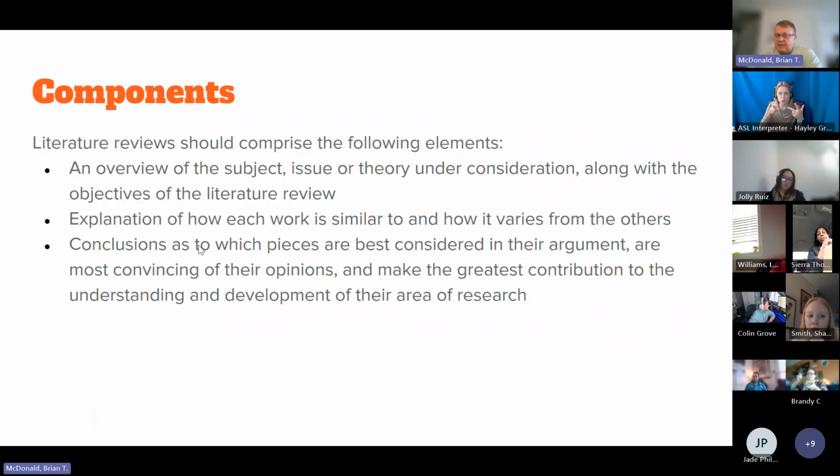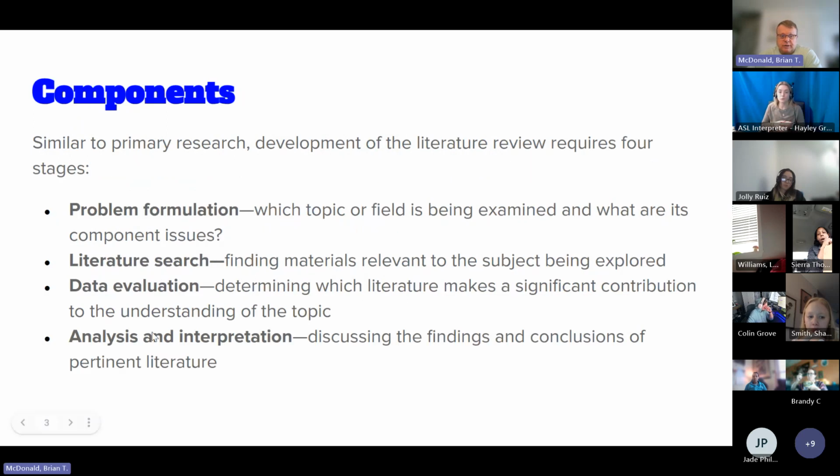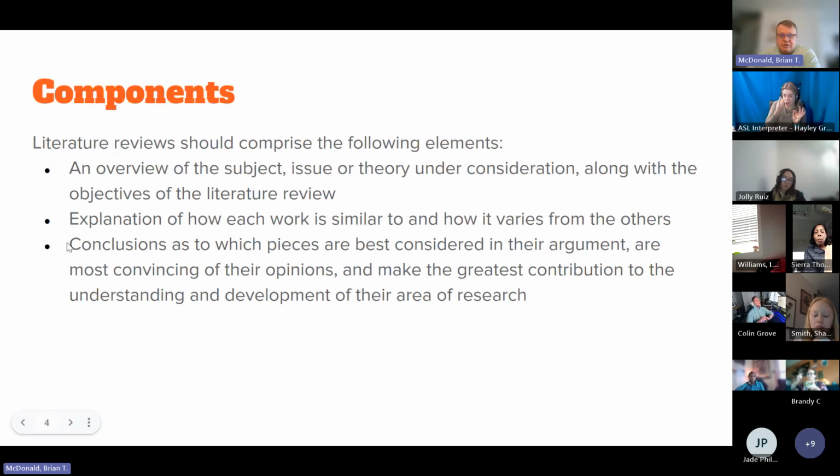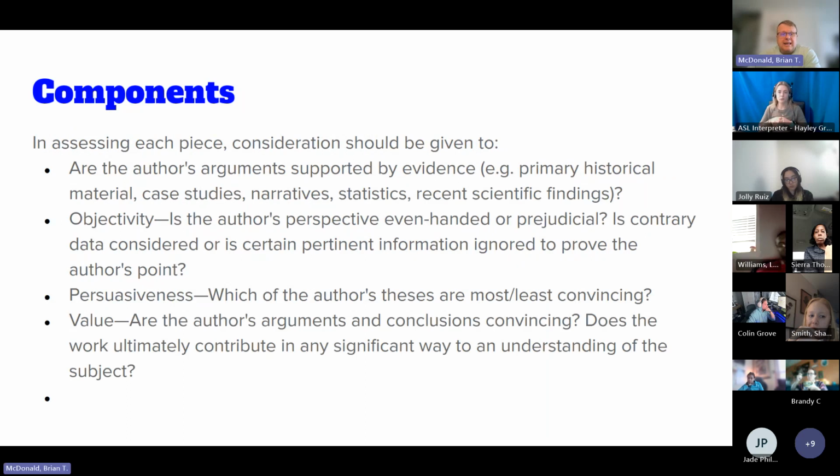So I'm going to go back and look at components again. I'm really interested in analysis and interpretation. I'm interested in drawing conclusions. That's what you're doing in the research process that you're currently in. And then in assessing each piece, consideration should be given to... I'm not going to spend a lot of time on this slide because I think the author's argument is where you need to go. If you think the author is doing a great job in that source, cite it, use it.